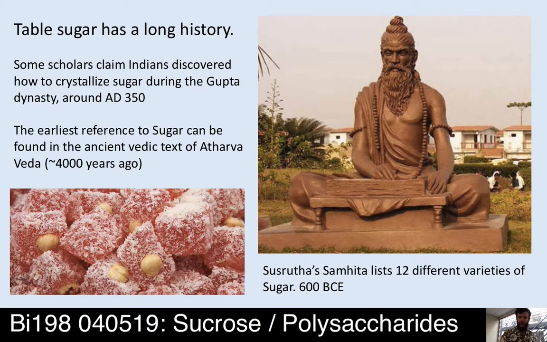is part of the Vedic canon. So this guy that I have in this statue over here is Sushruta, and he was remarkable. He was the Indian equivalent of a Renaissance man, about 2,000 years before the Renaissance happened.